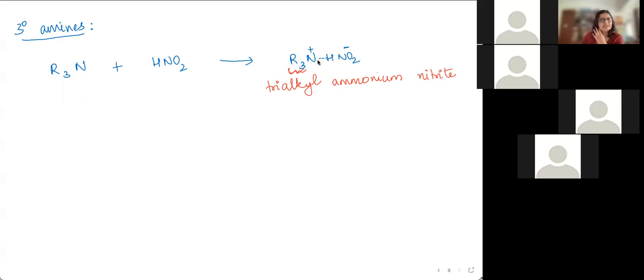It's basically an ionic compound that forms, so it dissolves in a solution of nitrous acid. Just summarizing the nitrous acid test: if it's a primary amine, N2 gas is released.